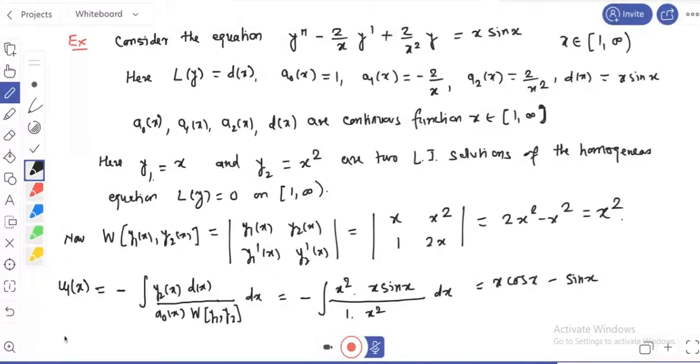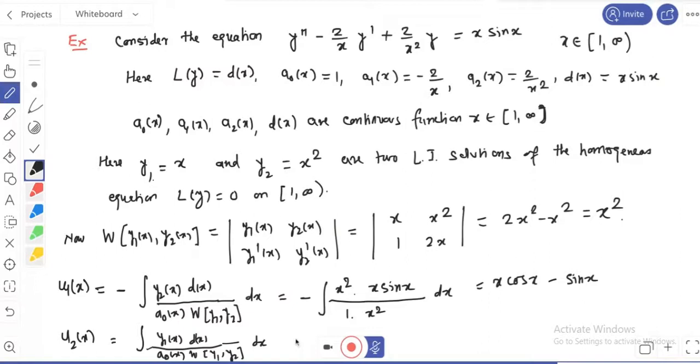Similarly, what about u2(x)? u2(x) is the integral of y1(x) d(x) over a0(x) times the Wronskian of y1 and y2, dx.